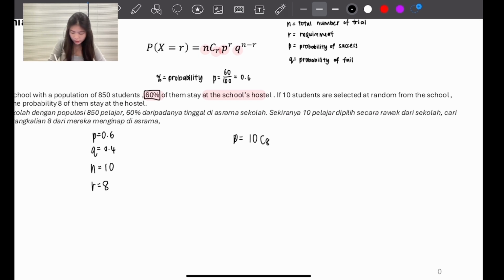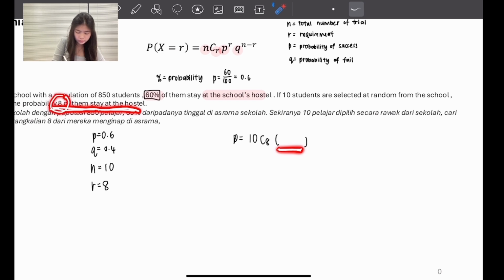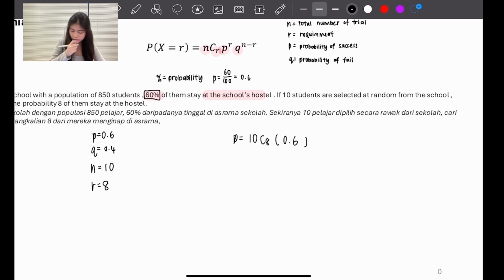Next to it, we put the probability that the question wants. Because the question wants us to find 8 of them staying at the school hostel, we put the probability of staying at the school hostel, because it is the probability of success. Which is 0.6, to the power of the number of students who stay at the hostel.